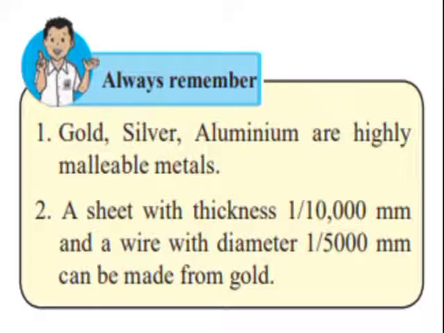Always remember that gold, silver, aluminium are highly malleable metals. A sheet of thickness 1 by 10,000 millimeter and a wire with a diameter of 1 upon 5,000 millimeter can be made from gold.